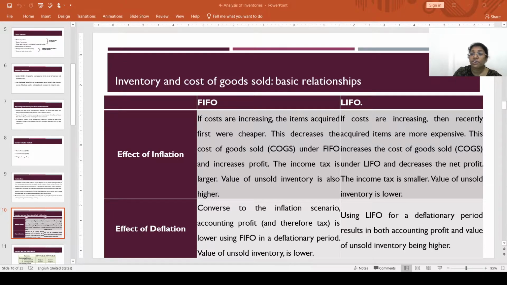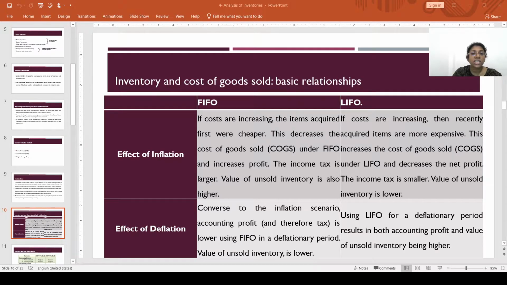So in the case of FIFO, since the first comes are going first, the remaining balance will show the inventory which is relating to the current price, which are higher. If the costs are increasing, the items acquired first were very cheap.